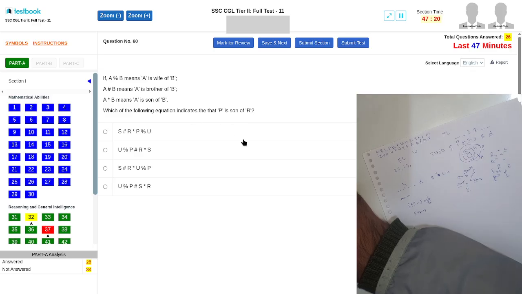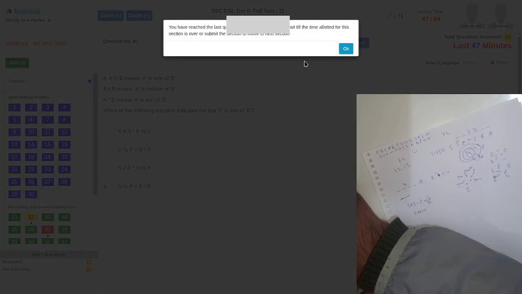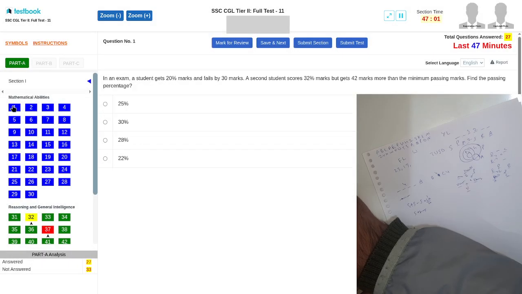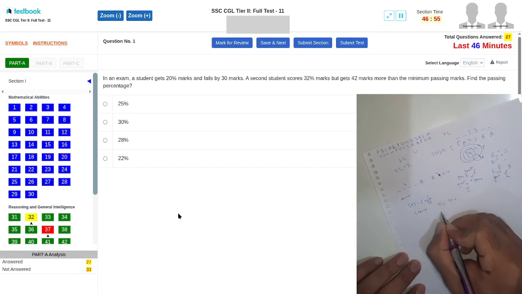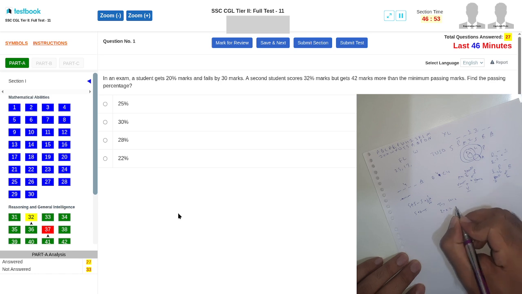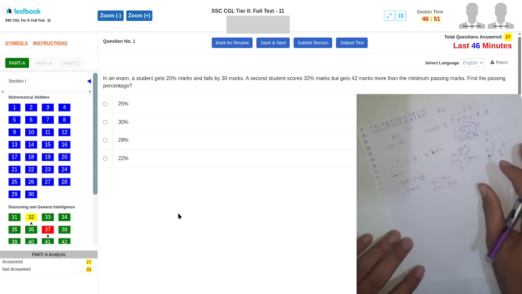B has 10 and A, the brother, is cousin. 20% of total marks 100x, 20x is equal to P minus 30.